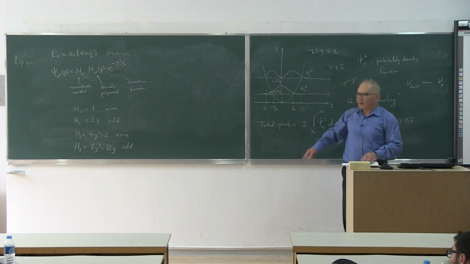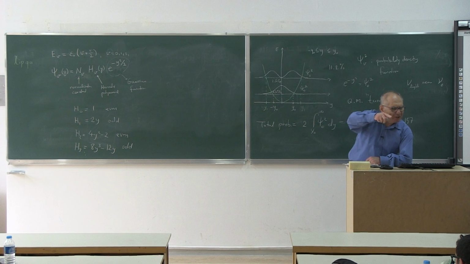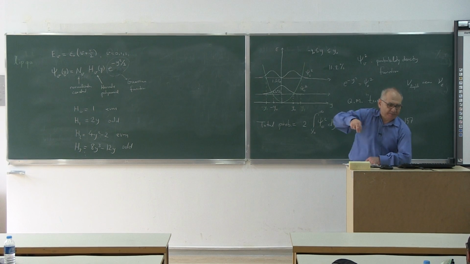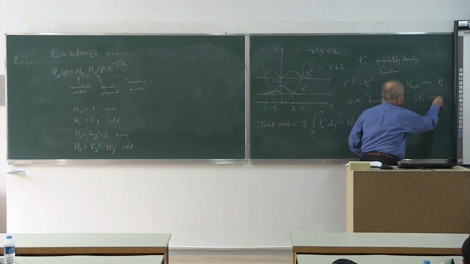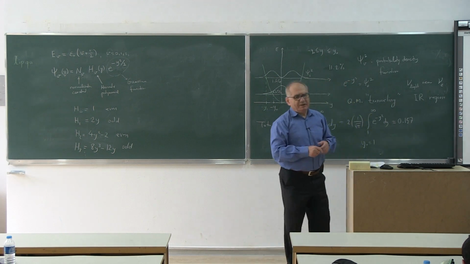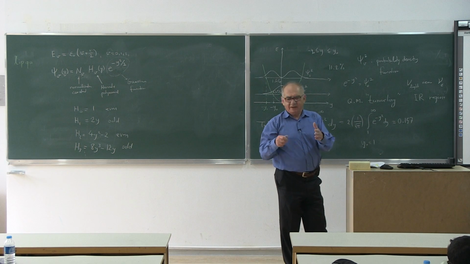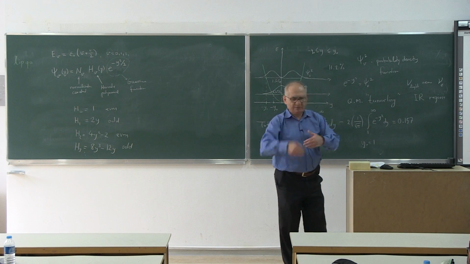And I had given an example for the HCl molecule. It was 2,900 something wave number unit. Now that region is called the infrared region. So infrared spectroscopy is used to study light absorption, which causes change in the vibration states.